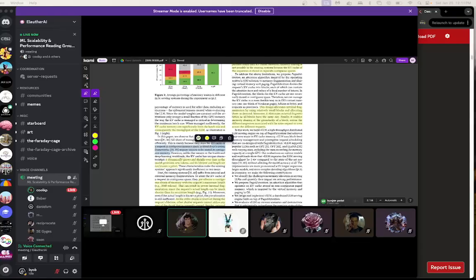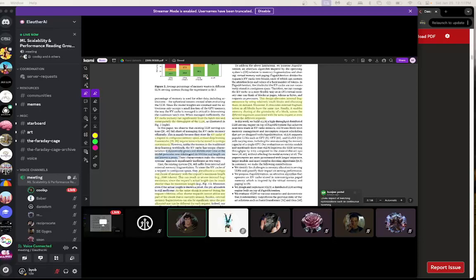It assigns a percentage of that to the KV cache, and depending on that is how many requests you can serve at a time, or your KV cache needs to be recomputed.